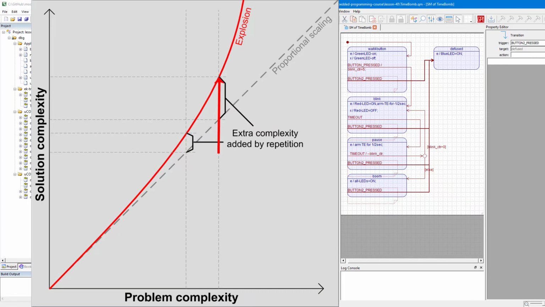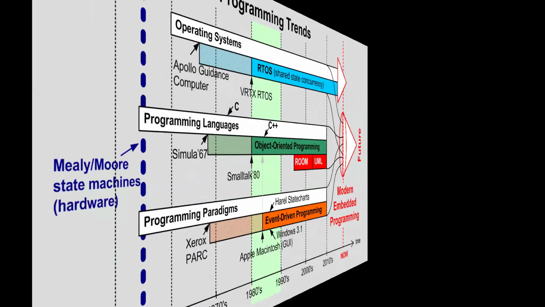But the 4 repeated transitions add the extra complexity. Of course, as the problem grows more complex, the repetitions pile up even faster and explode, making the traditional state machines unworkable for bigger problems. This is probably one of the main obstacles to widespread adoption of state machines in embedded software.